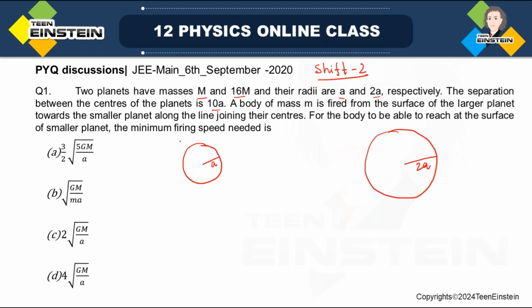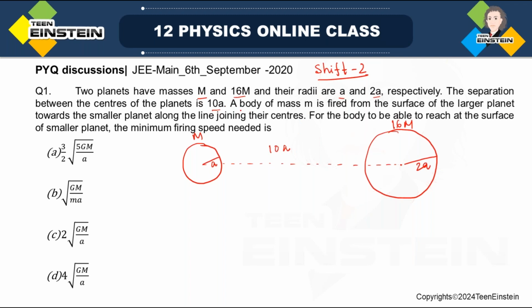And this has got mass m, and this has got mass 16m. Okay, now their center to center separation is given as 10a. Okay, so this is the situation up to this.